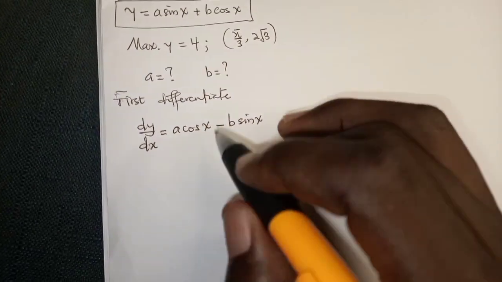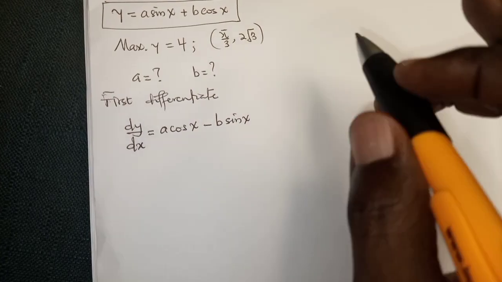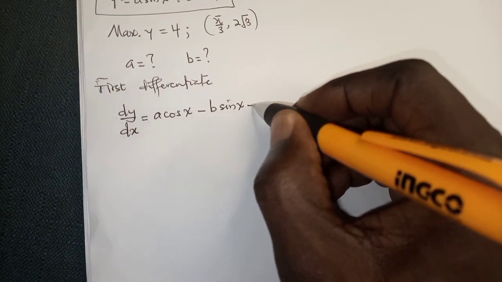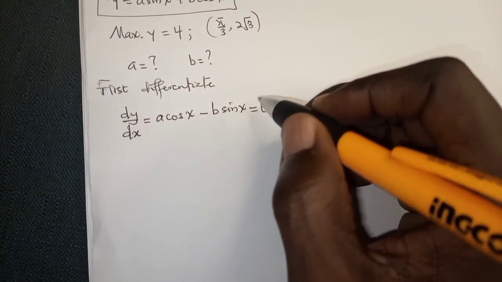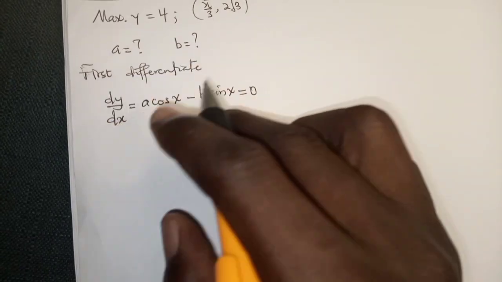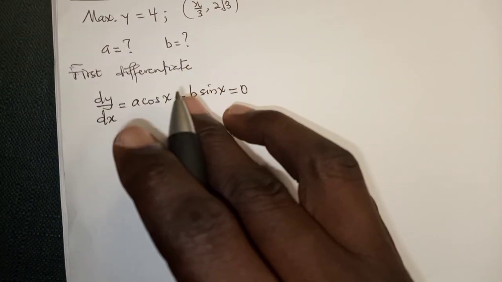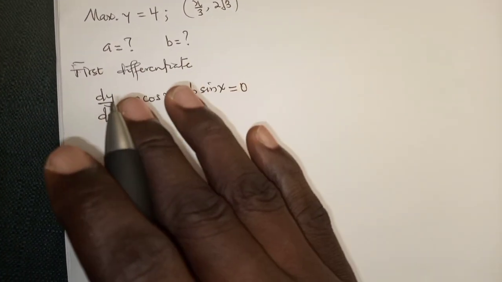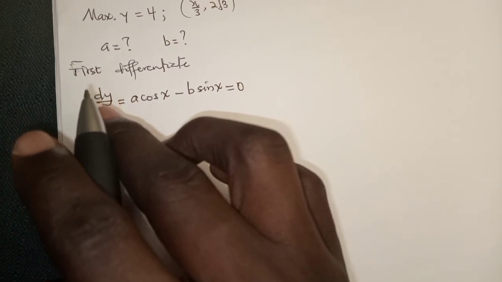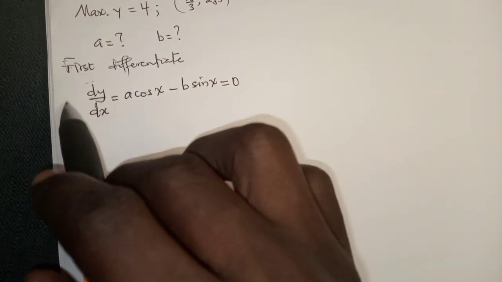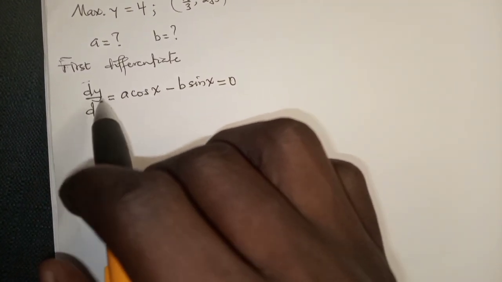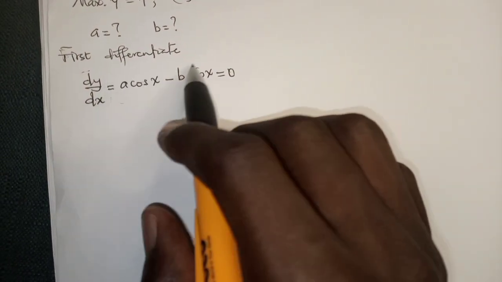Now since it's the maximum value, which is the turning point, we equate this to 0 and we find an expression for x. So we drop this differential ratio and solve this.